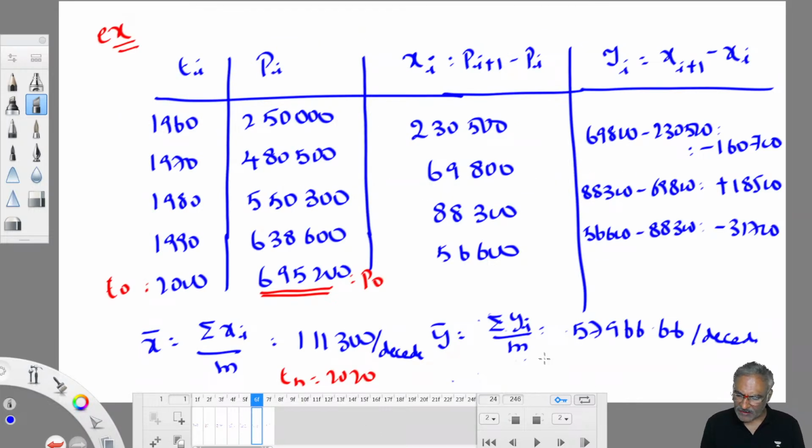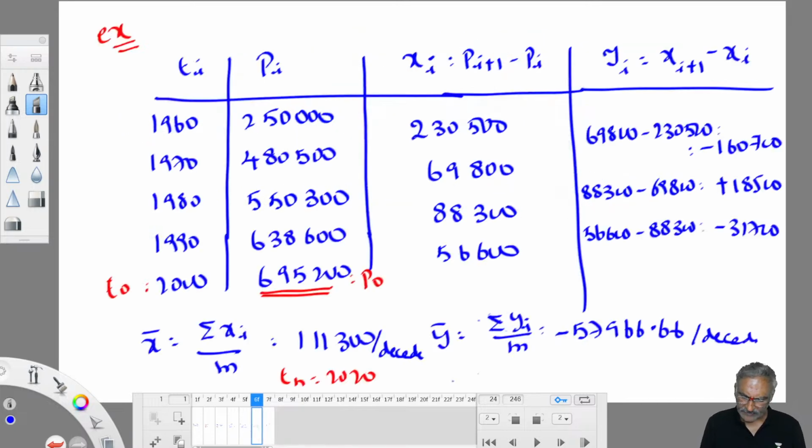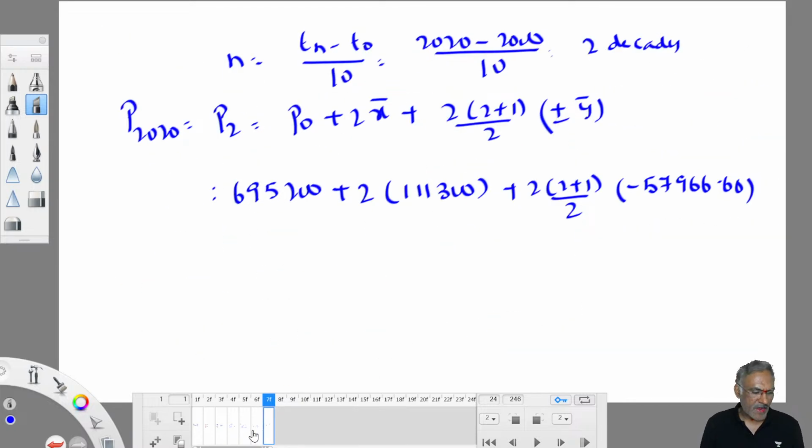But y bar we got negative here. Understood? The y bar is a negative value, minus 57,966.66. So if we simplify, we'll get the population in the year 2020.